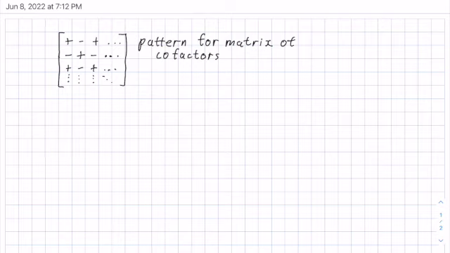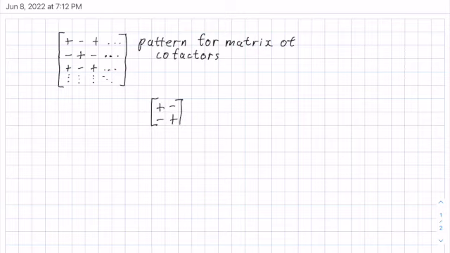It's simple. This is just a pattern on how to make any matrix a matrix of cofactors. Basically, you have a plus, minus, plus, minus, and it goes on depending on the dimensions of the matrix you're trying to change. For a 2 by 2 matrix, it'll be plus, minus, minus, plus.